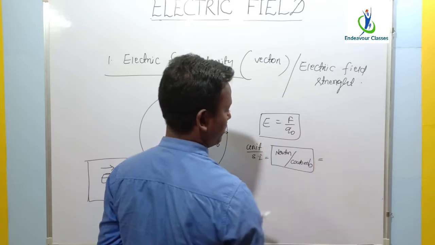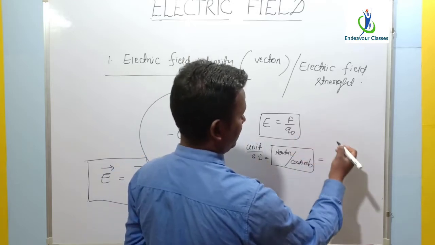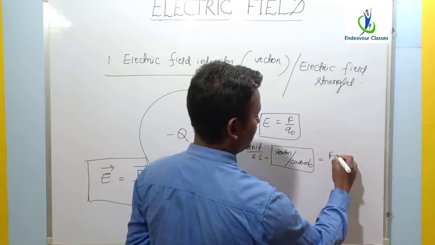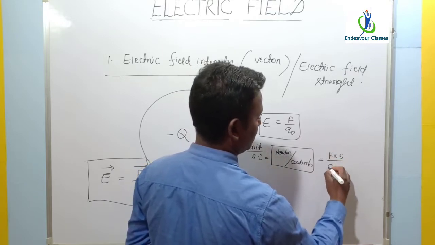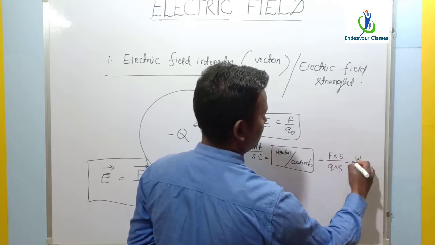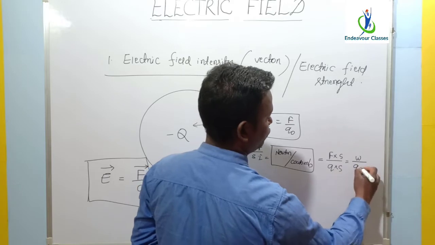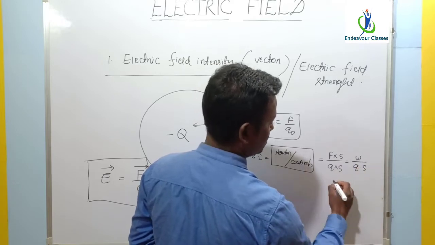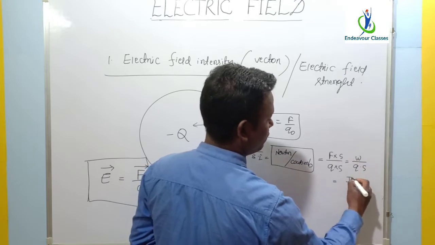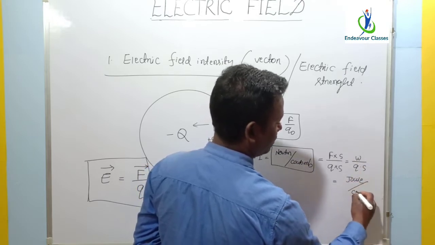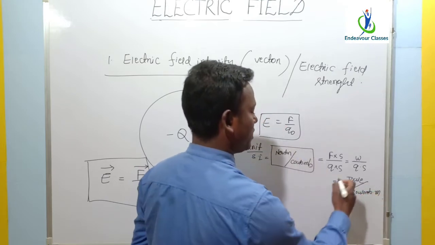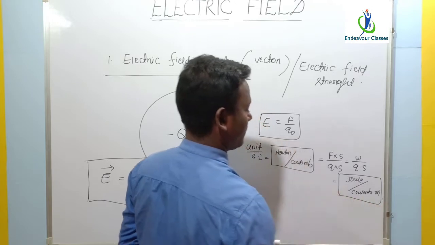And we can also write it, by multiplying both the numerator and denominator by displacement, as F into S by Q into S, which is work divided by Q into S. So the SI unit of work is Joule divided by Coulomb into meter. So this is also another unit, remember.